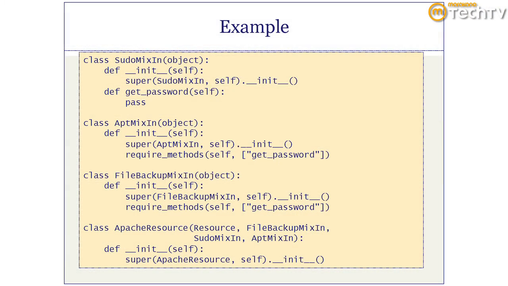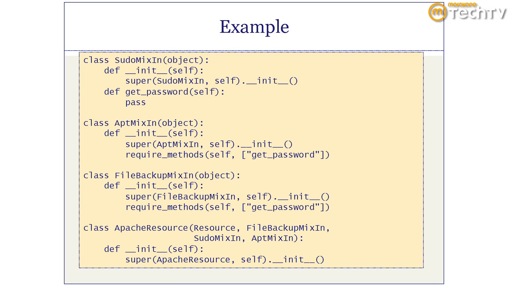If we look at this installer deployment tool example, here's where I solved my method resolution order by using this pattern. My sudo mixin is defining this get password method, and these other two subclasses need it.